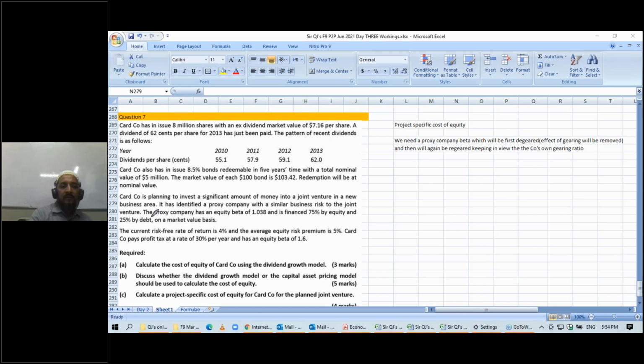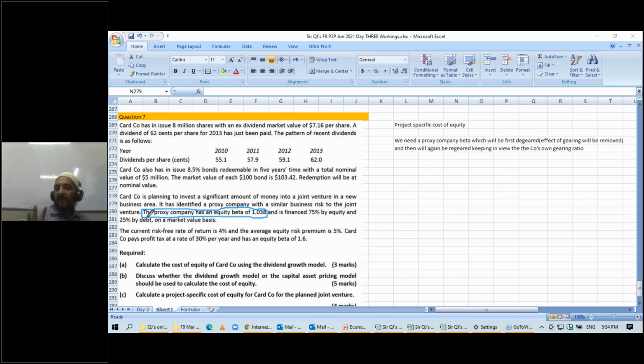So over here they have given you the beta of a proxy company that is already present in the industry in which you are going to diversify. Diversification means you are investing in a new type of business. So in diversification you have to calculate a specific cost of equity which is different from the current cost of equity of the company, right? Because the current business is different and the new business will be different.